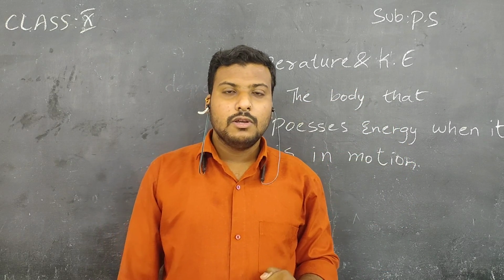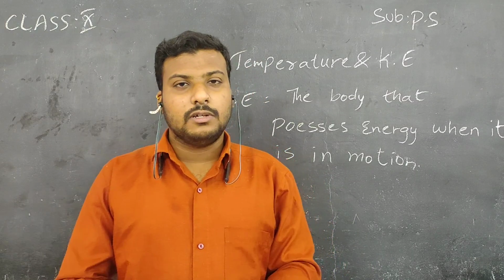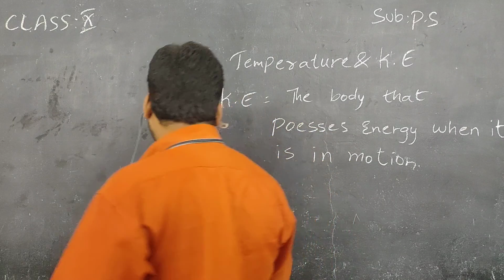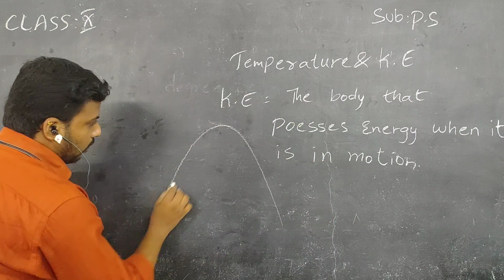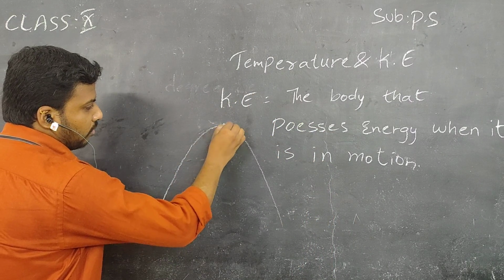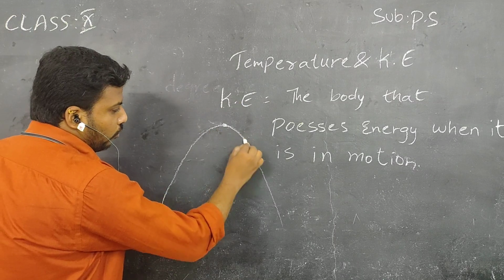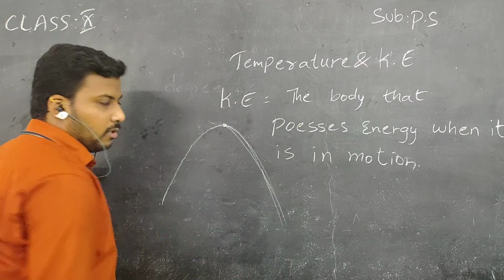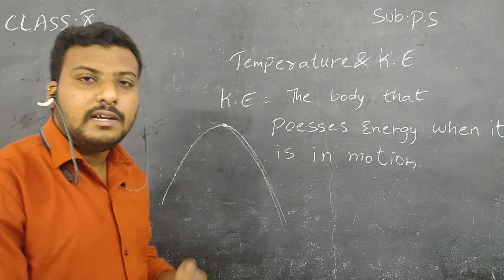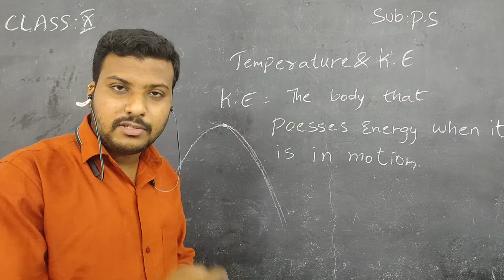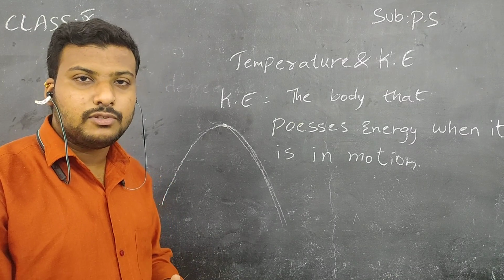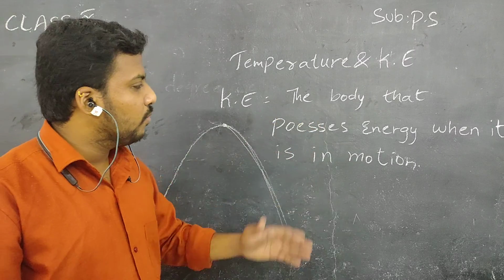Yes or no, children? You need not do any action in this situation because the mountain is like this. You need not ride the bicycle because it is all sloping. Your bicycle possesses kinetic energy. It only creates acceleration. Even if you are not giving any external energy, it is possessing energy because it is in motion.